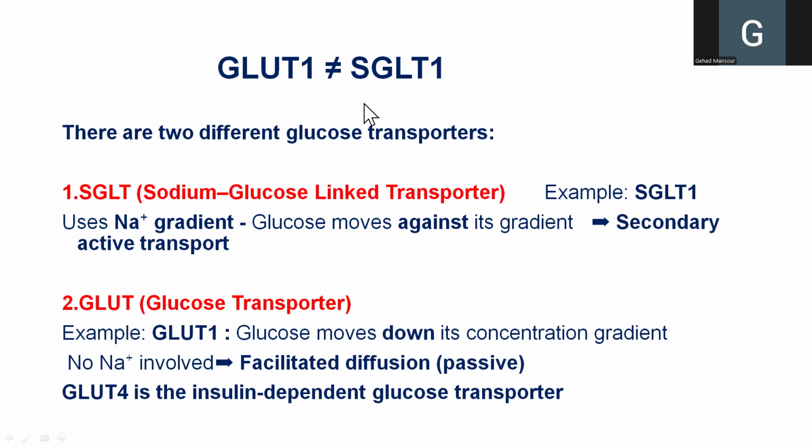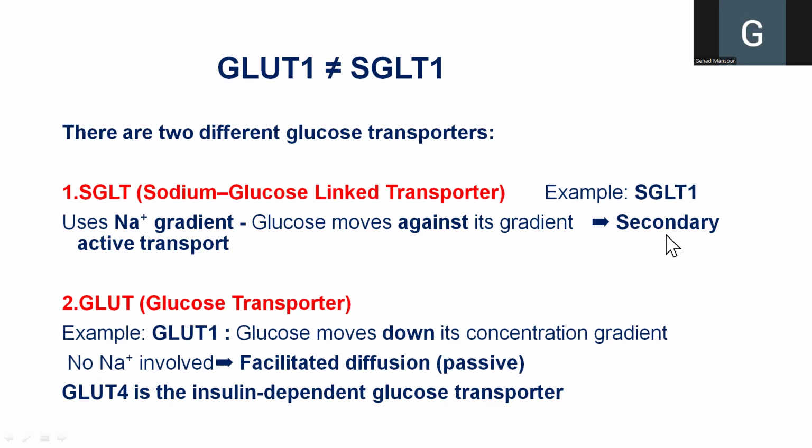But now we are focusing on the GLUT transporter, the glucose transporter, down the concentration gradient passively, and the co-transporter. So now we are focusing on these two transporters only. So we have the sodium glucose linked transporter type 1, that uses the sodium gradient to move glucose against the concentration gradient, and therefore its function represents secondary active transport.